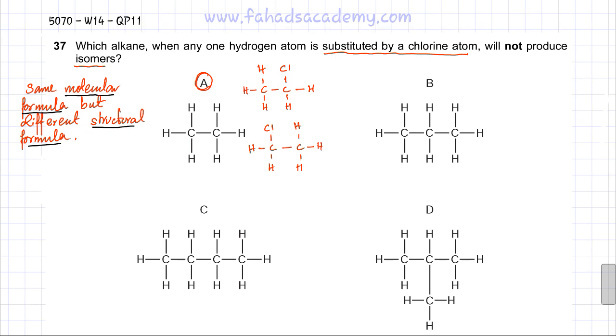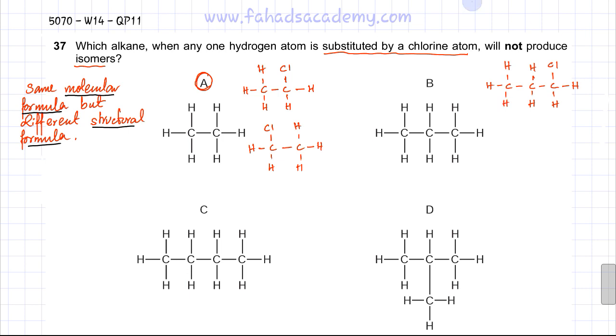Now I'm going to try and prove all the other options wrong as well. I'm going to show you that option B is going to form isomers. One of the hydrogens is substituted, so let's remove the hydrogen at the last carbon atom and place a Cl there, and each carbon is making 4 bonds with the other atoms. So this is my molecule.